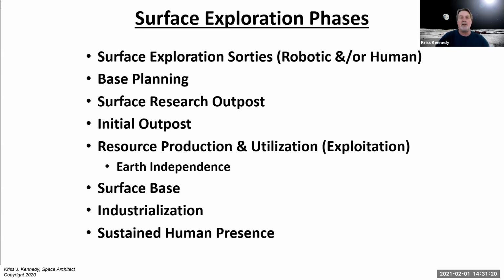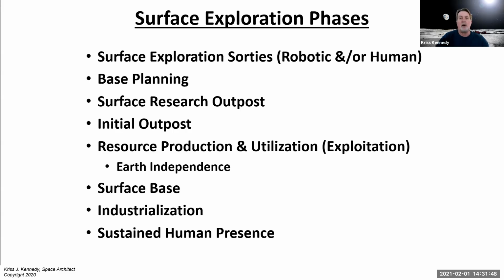Then you get into base planning, and you may start out with a surface research outpost, a minimal research capability for humans, or being human tended, so that they can go there and perform research and exploration. That may mature into an initial outpost with more capabilities, more modules, more support functionality.